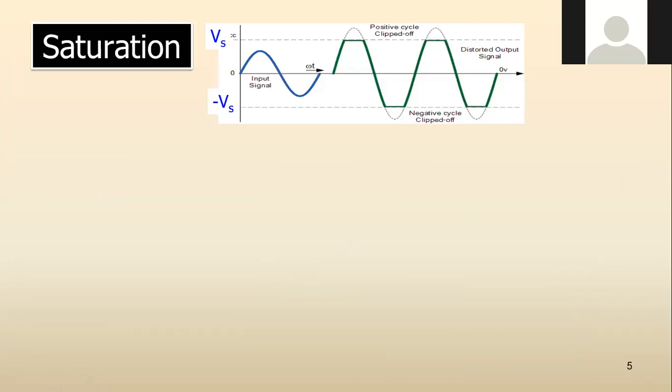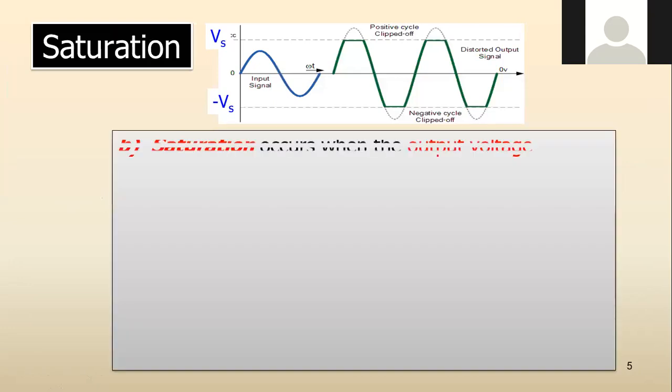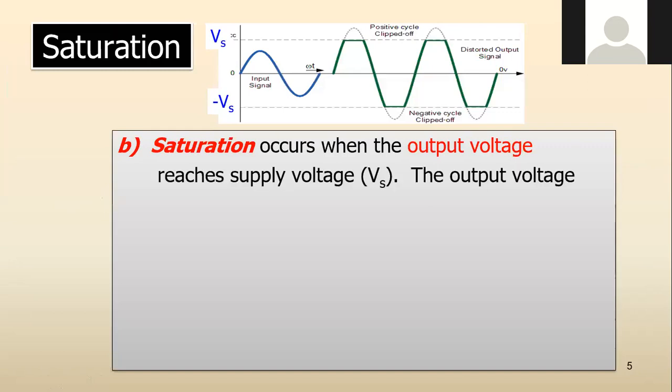The other term that we encounter is saturation, which occurs when the output voltage reaches the supply voltage. Remember, the supply voltage allows us to amplify the input signal up to Vs, that's all, because that is what we provide. More than Vs, then it will cut off. That's called saturation. It cannot exceed the supply voltage, whether positive or negative.